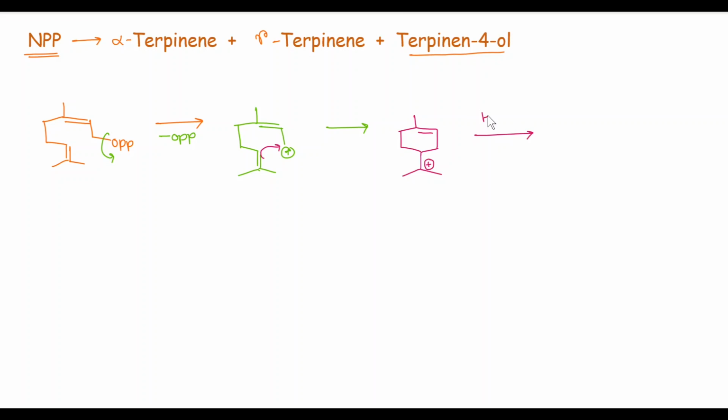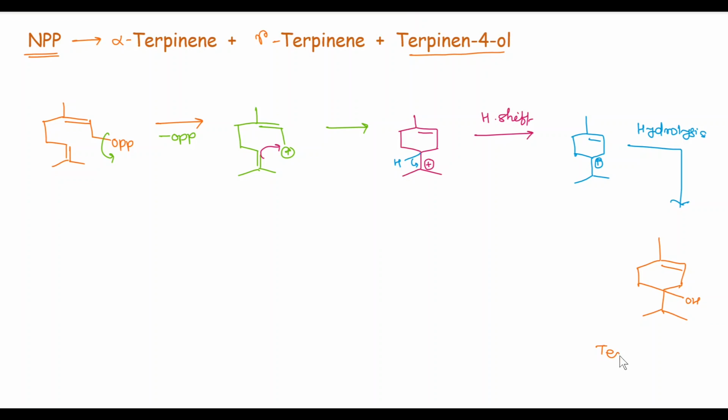In the next step, a hydrogen shift occurs. This hydrogen shifted over here and there is a formation of a new tertiary carbocation, and after hydrolysis we get terpinen-4-ol.